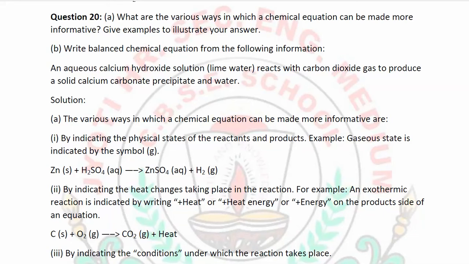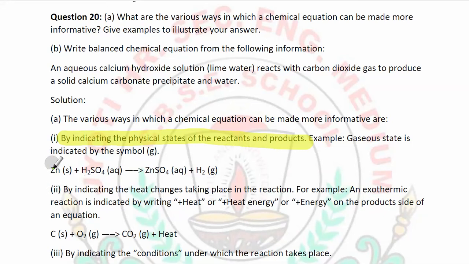So the first way is by indicating the physical states of the reactants and products, by representing the physical state, that is solid, liquid or gas, by S, L and G. In this way, we can make the chemical equation more informative.